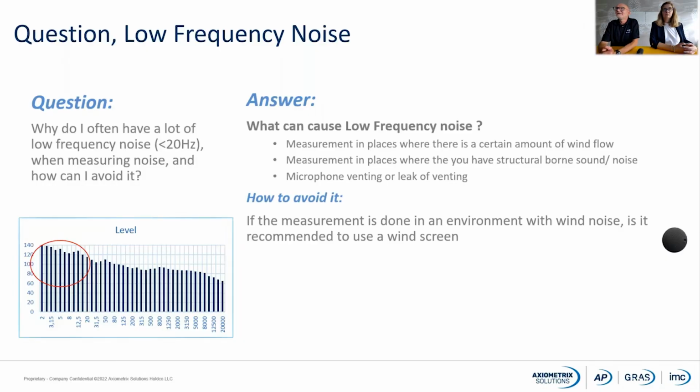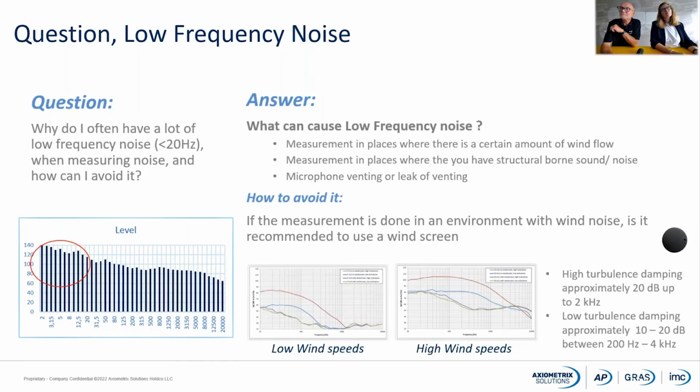If the measurement is done in an environment with wind noise, it is recommended to use a windscreen. The windscreen will damp some of the low frequency noise, like we can see here.